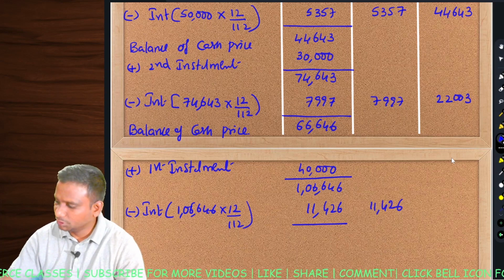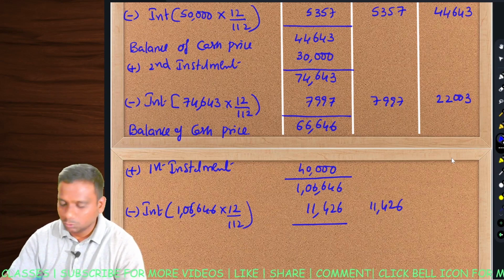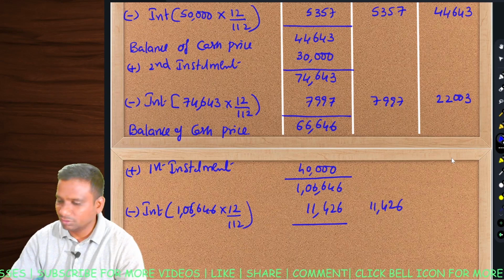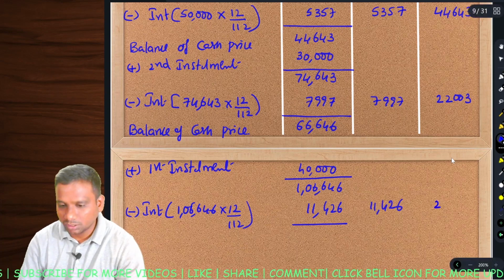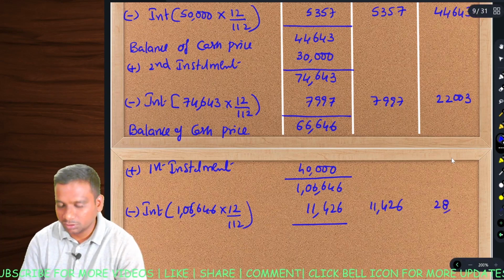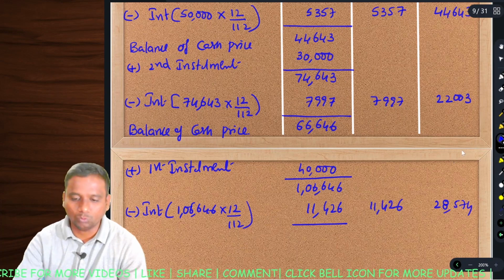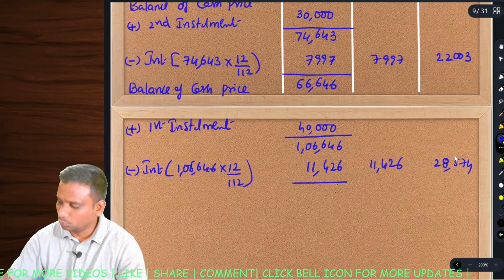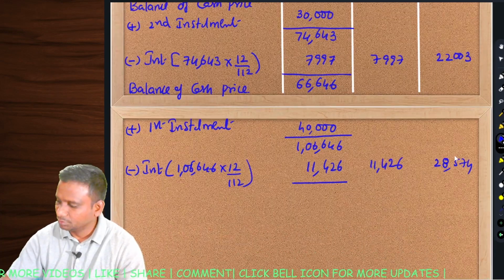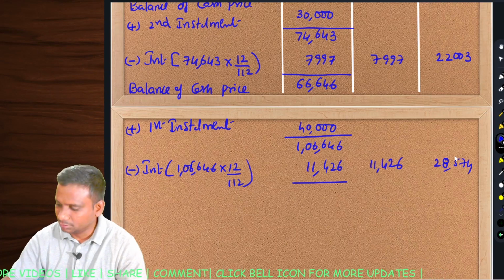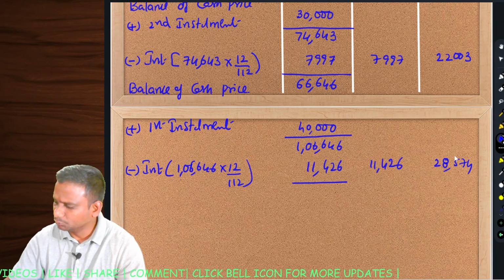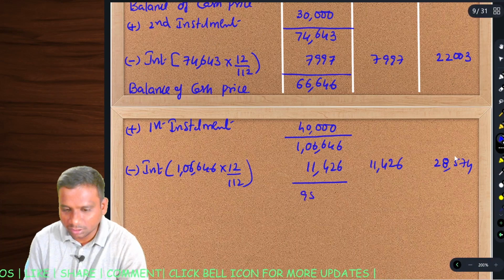So out of the first installment of 40,000, towards interest is 11,426. So what is the principal amount in the first installment? 28,574. Now deduct here 1,06,646 minus 11,426.